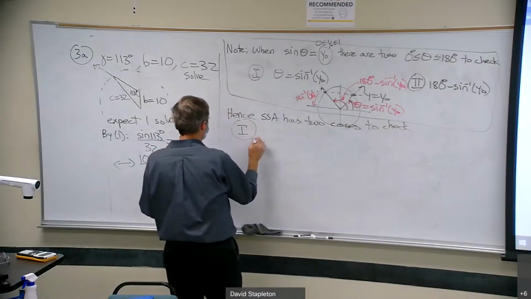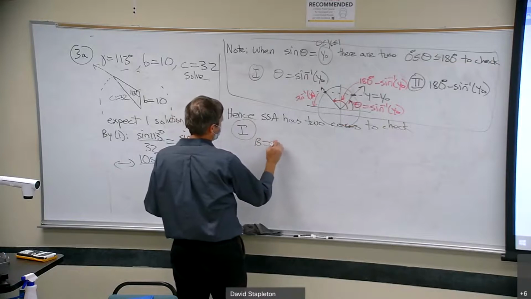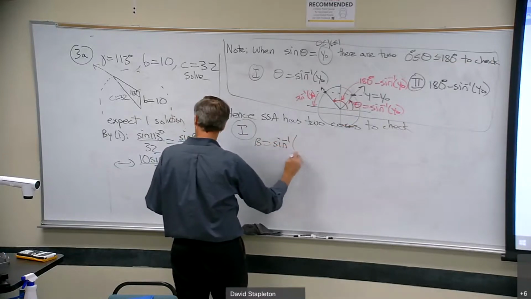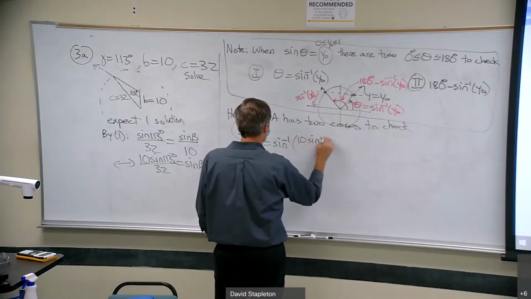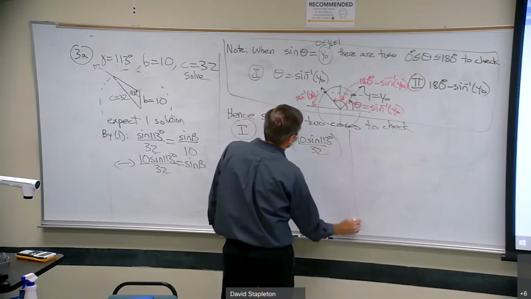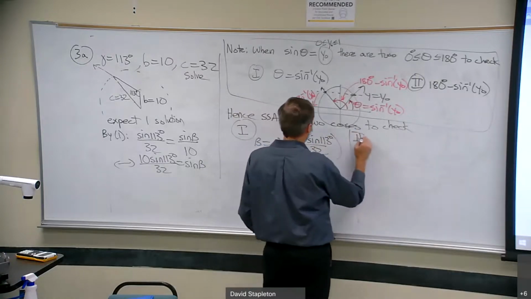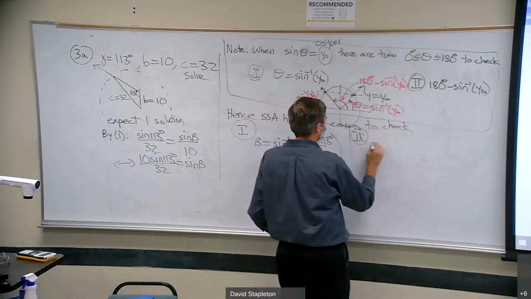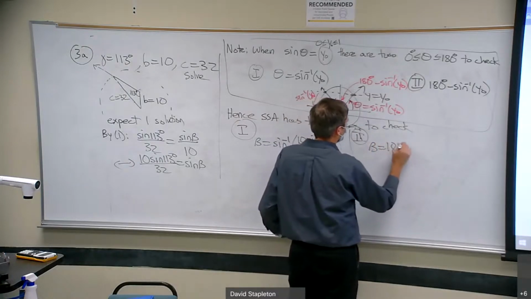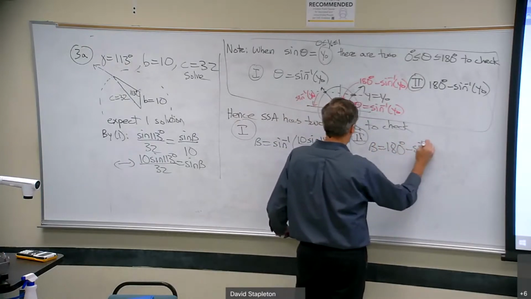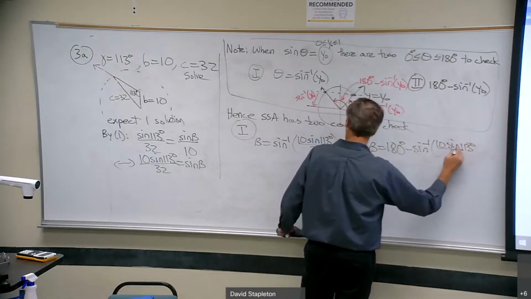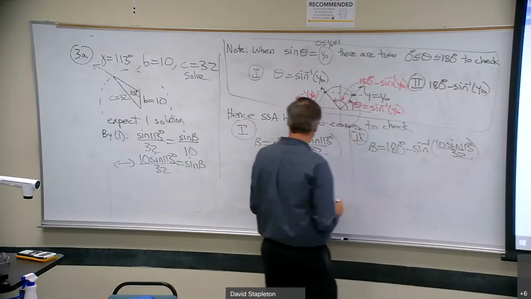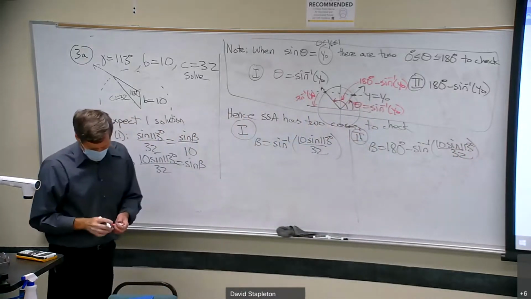One is you check beta in this case equals the arc sine of 10 sine 113 over 32. And then the other one to check is 180 minus that. Beta equals 180 minus the arc sine of 10 sine 113 over 32. And so I'll run both in the calculator and see what I get.